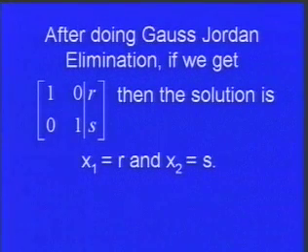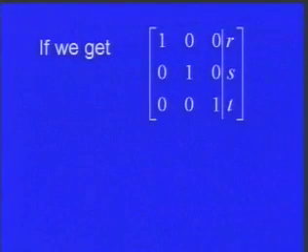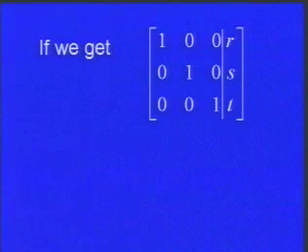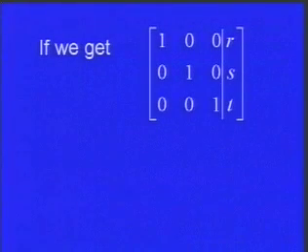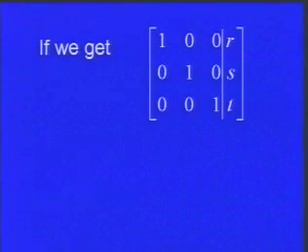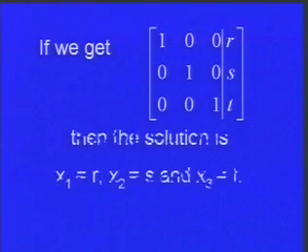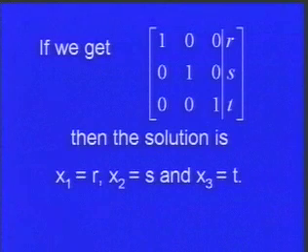Or if we were to have something like 1, 0, 0, and then some number R, and then 0, 1, 0, some number S, and 0, 0, 1, and some number T. Again, we could very quickly write out the solution. It would be x1 is R, x2 is S, and x3 is T.